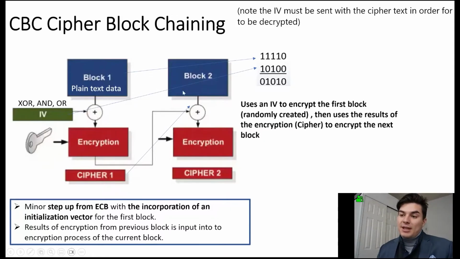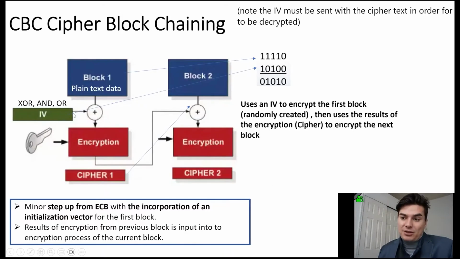So block 2 is now going to XOR the cipher 1, and then that's going to get encrypted, creating cipher 2, and then cipher 2 is going to go to block 3, and so on until the end of the message.